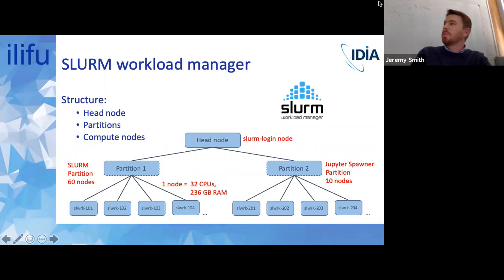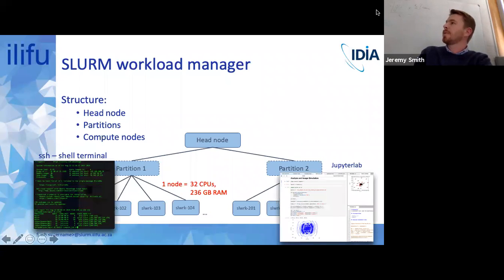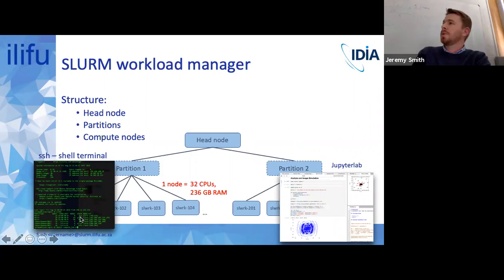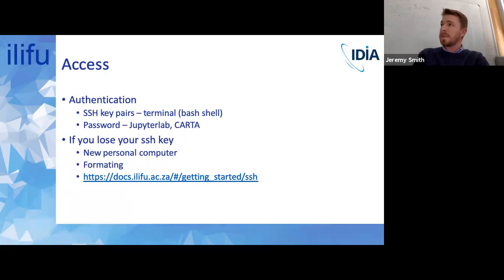Moving ahead, this is an example of the interaction to work with compute nodes: you would SSH via terminal to the head node, and this is how you would interact with the compute nodes. The JupyterHub interface provides the IDE. The ways in which you access the ilifu services are two processes.